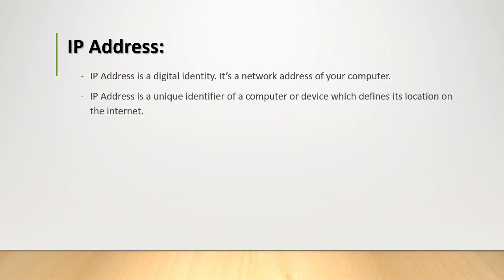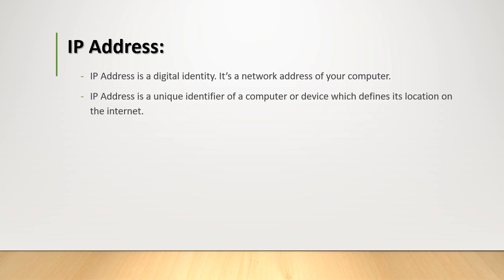As we discussed in the previous sessions, if you want to identify your device or communicate with anyone over the internet, each one has an IP address. So to identify your device over the internet, we need an IP address, which is a digital identity and also a unique address to identify your device over the network. We can also define its location over the internet.